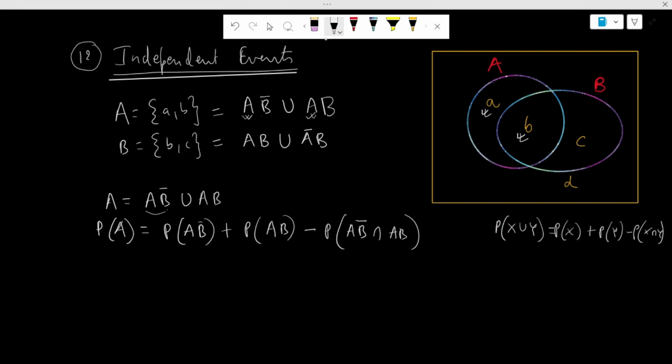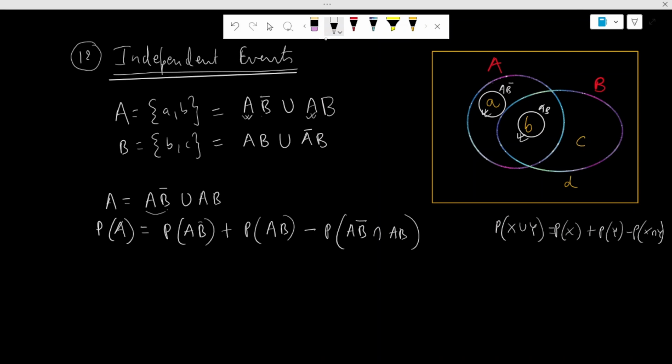The events A B complement and A B, these two events, are actually mutually exclusive. So this, let me circle it. This is represented by A B complement, and this part is A intersection B, it is A B. So these two events are mutually exclusive, meaning there is no common region, there is no overlapping region.